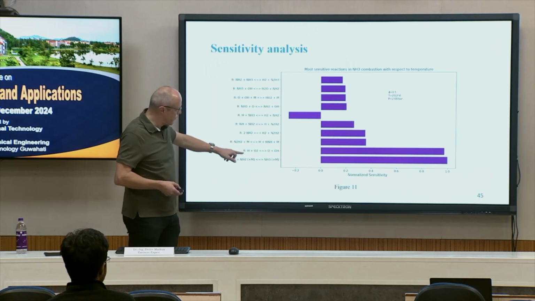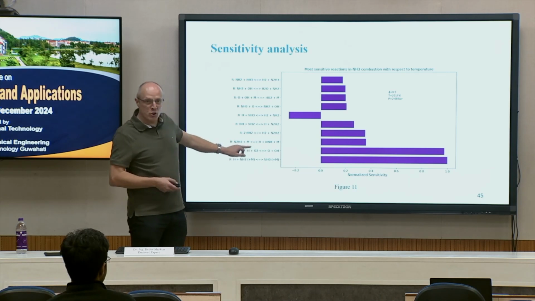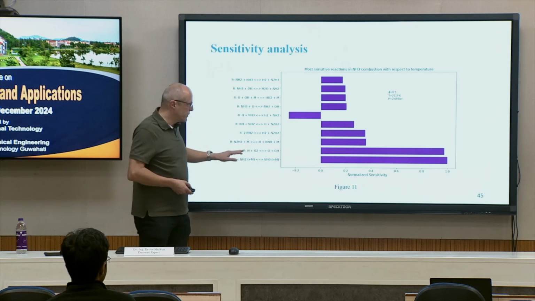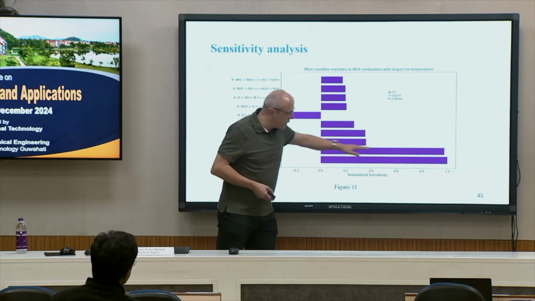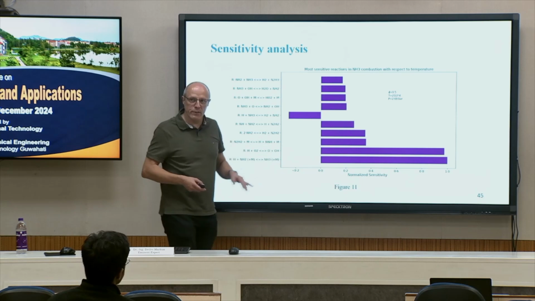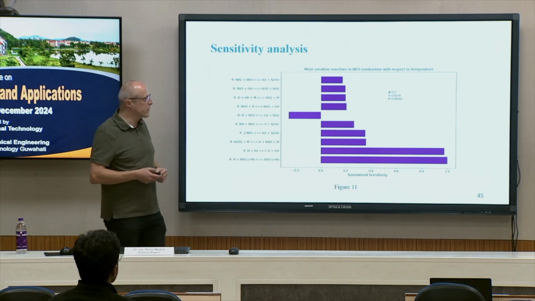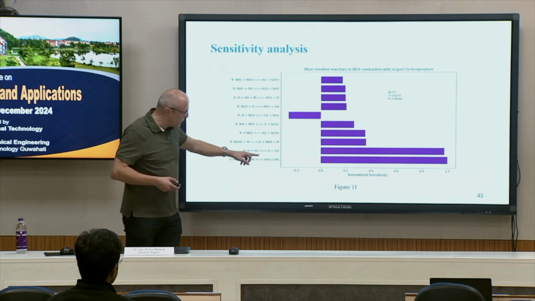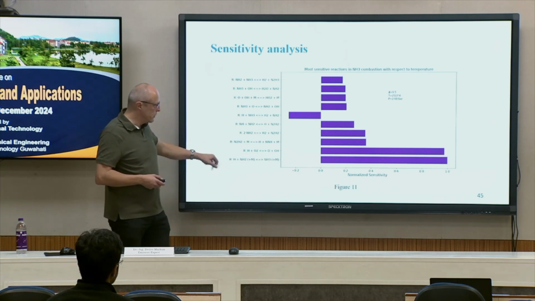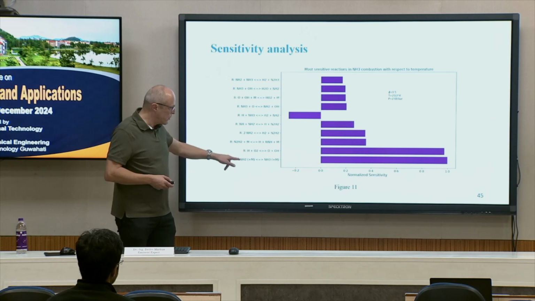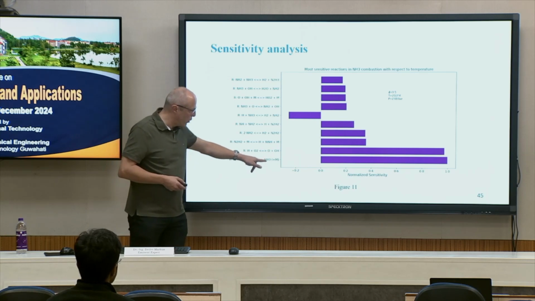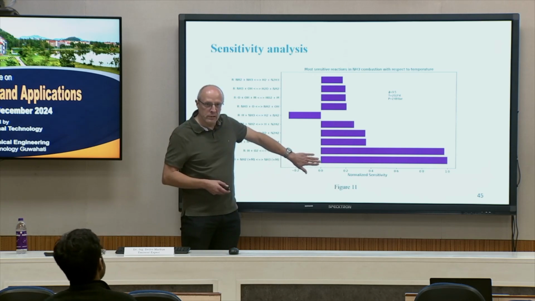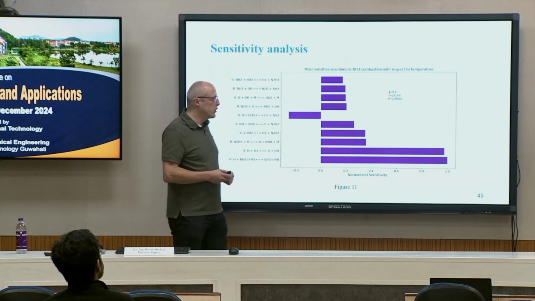Here you see H + O2 again, so my favorite reaction. The ignition delay time is very, very sensitive concerning this reaction. But also we see here one specific ammonia reaction, H + NH2 + M gives NH3 + M. So the system is also very sensitive concerning this reaction.